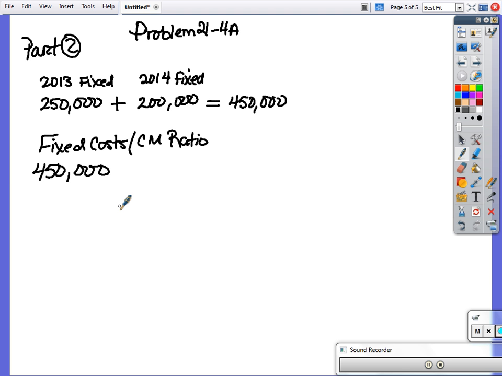Right now, since the variable costs have gone down, I'll write it up here so no one is confused. The variable cost before was $40 times 50%, which was a reduction, which equals a $20 difference.